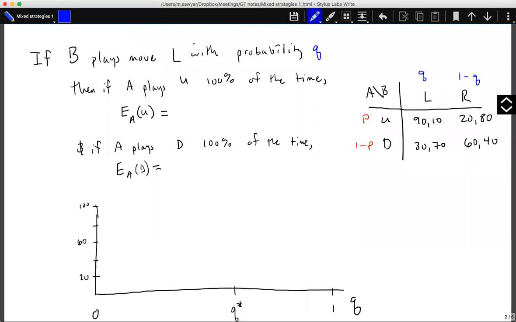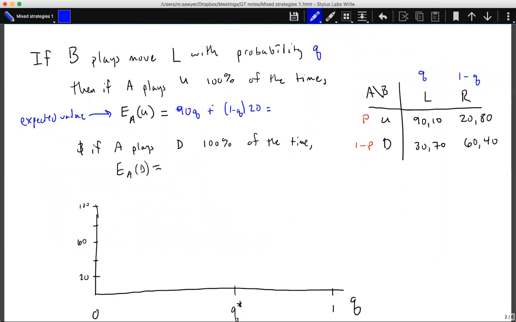If B moves left with probability Q, and A plays a pure strategy, up 100% of the time, then A's expected value of playing U would be 90 points times Q, because Q% of the time B is playing left, plus 1 minus Q of the time, they would get 20 points.